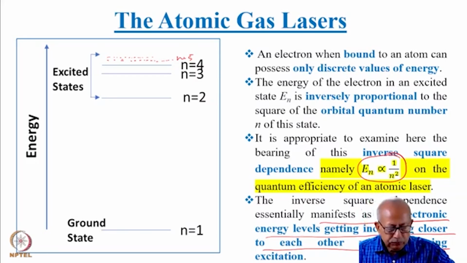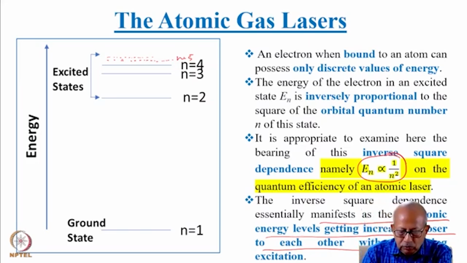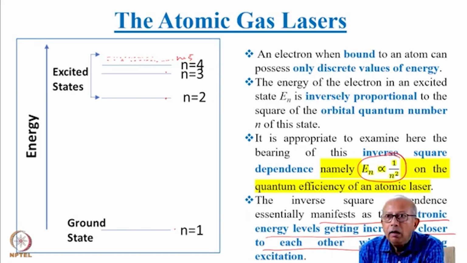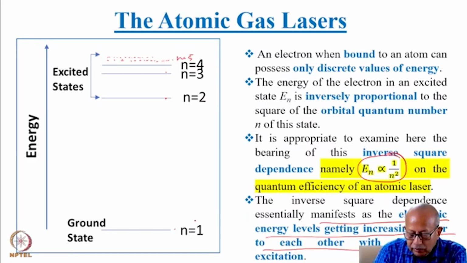Let us assume that we will make a laser using these three levels, the energy levels on which the operation of the laser is based. This is just to make this point easily understandable to you, why the quantum efficiency of a gas laser is very poor. So this is our ground state.